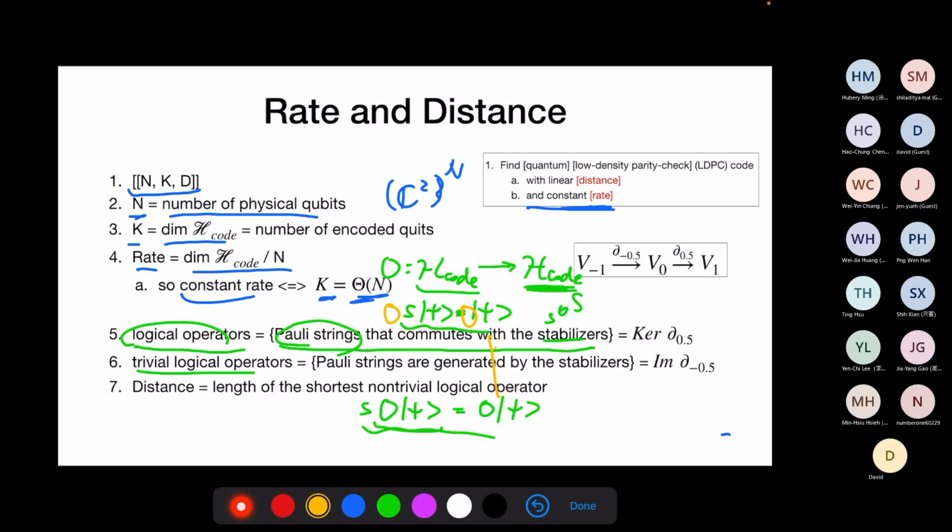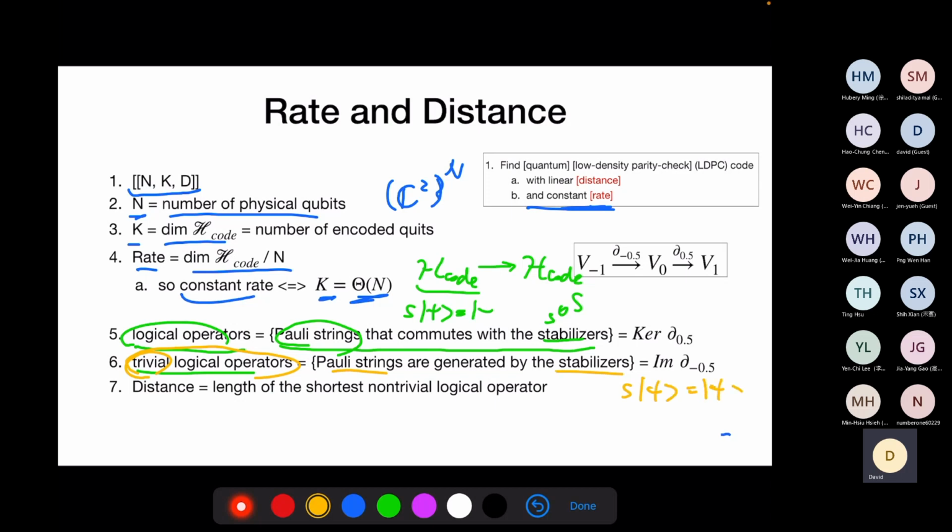Okay, so that's a logical operator. And next we have the trivial logical operator. The trivial logical operators are the strings that are generated by your stabilizers. The reason they're called trivial is because when you act a stabilizer on the state, it's the same state.